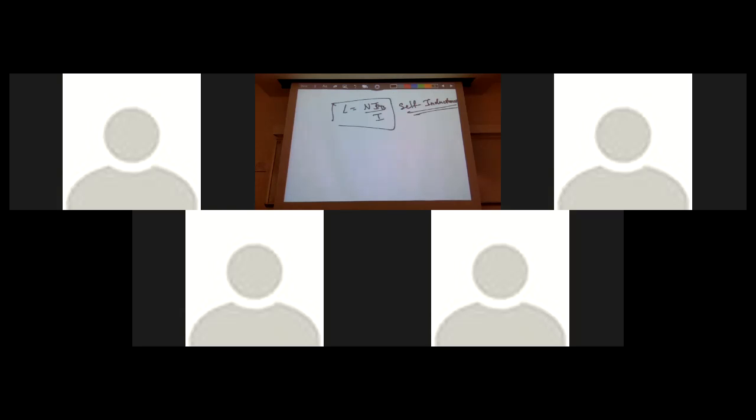Now, what we also know is that the time rate of change of the magnetic flux is related to the EMF. So if I go back to that expression, N times the flux equal to L times I, let's take a time derivative of both sides. The number of loops times the time rate of change of the magnetic flux is equal to the inductance times the time rate of change of the current.